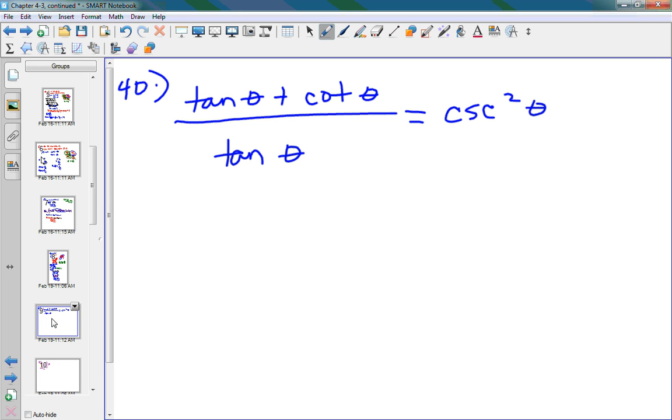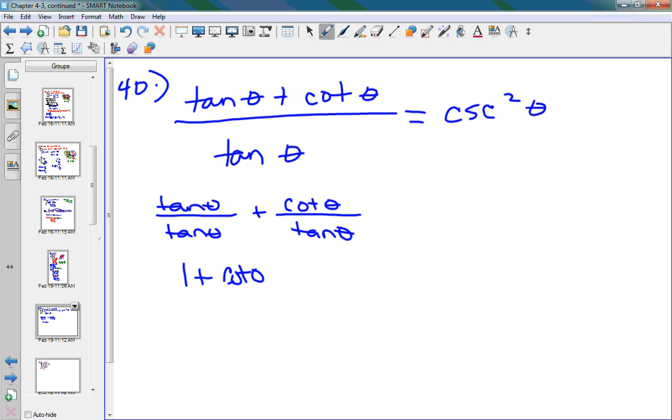If we're doing number 40 here, you're going to tear this thing apart. Tangent of theta over the tangent of theta plus the cotangent of theta over the tangent of theta. Well, what's the tangent of theta over the tangent of theta? 1. Well, this is interesting. This is going to be the cotangent of theta times 1 over the tangent of theta. Right? Can I pull that apart?